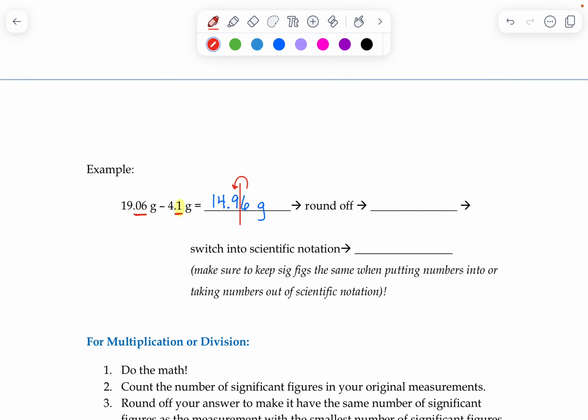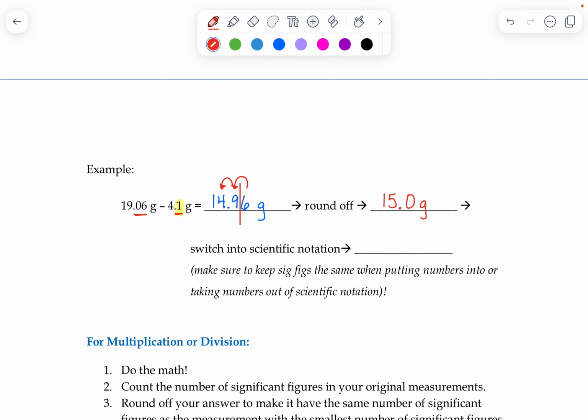Well, that turns into a double bump situation. So we wouldn't just write down 15. We were trying to keep 1 decimal place to match the 1 decimal place of our 4.1 gram measurement. So I'm going to write down 15.0 grams.